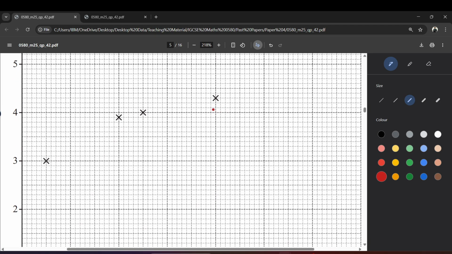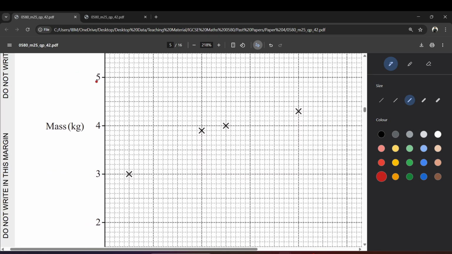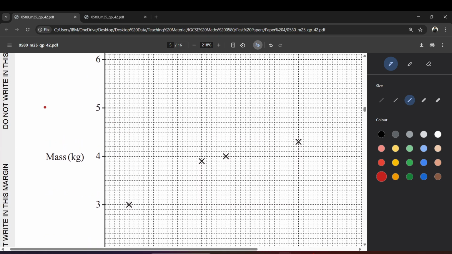All right. So first of all, you need to work out what is the scale on each of the axes. Okay, so if you're unsure, the best way to do this is, let's say between 4 and 5, how many boxes can we see? These are 10 boxes. So 10 boxes represent one unit, right?